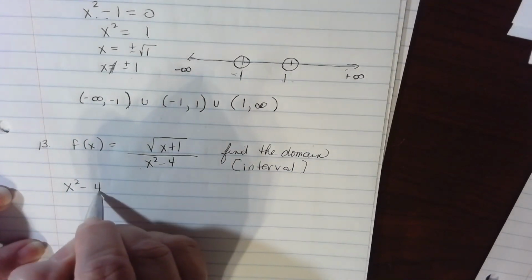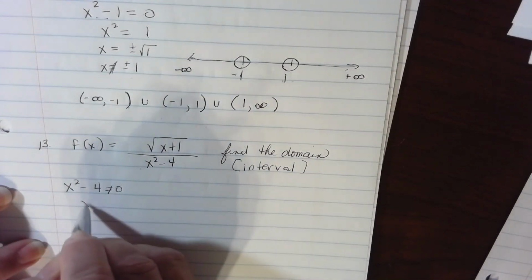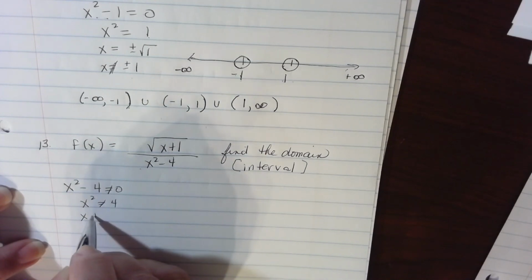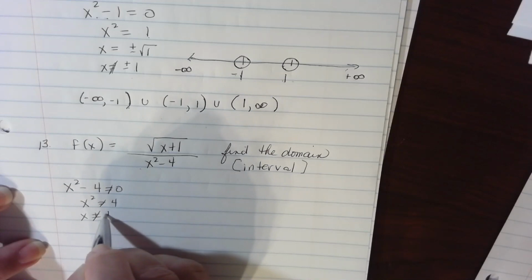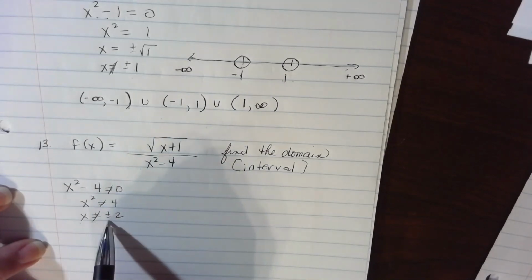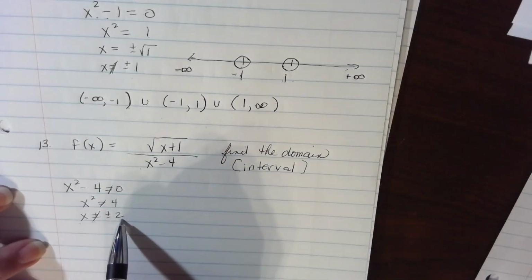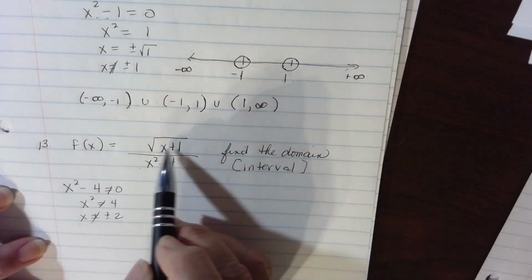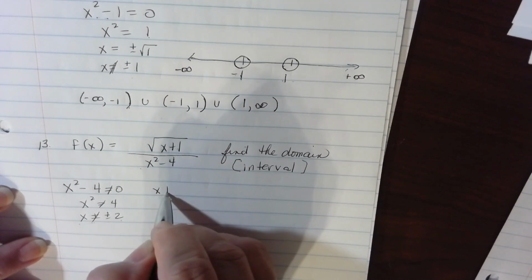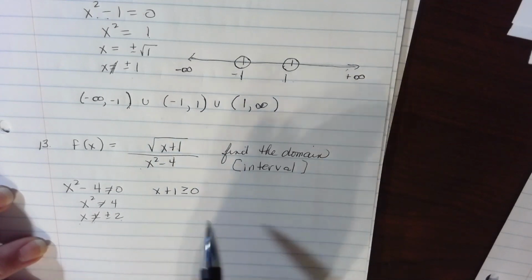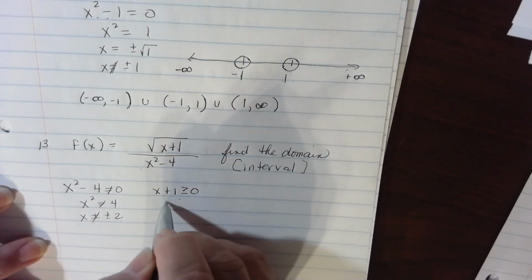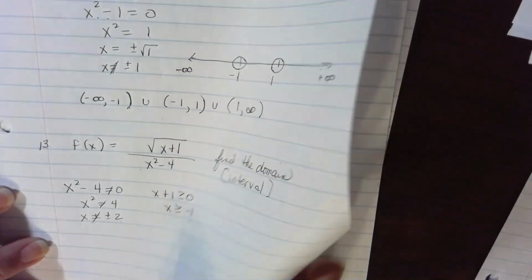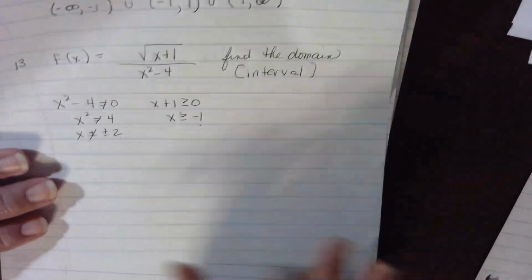The denominator can't be 0. Add 4, take the square root, and so x cannot be positive and -2. And then because this is under a radical, it has to be greater than or equal to 0. So subtract 1, x has to be greater than or equal to -1.